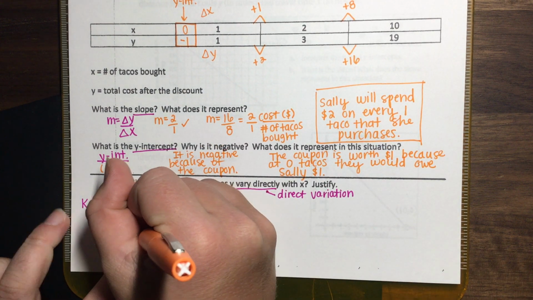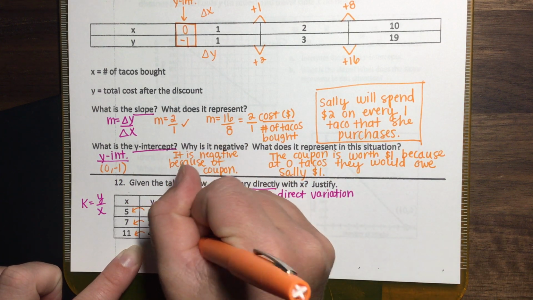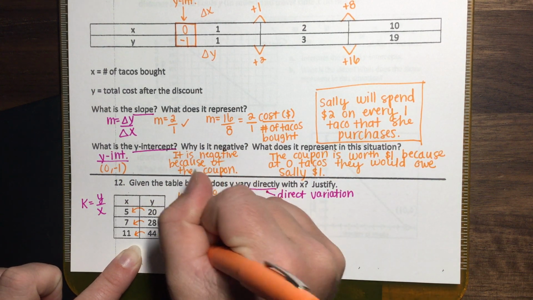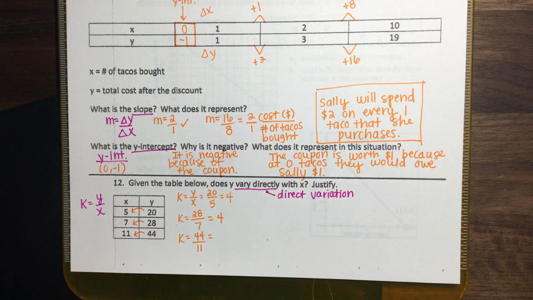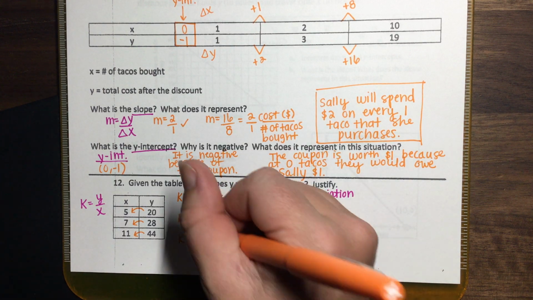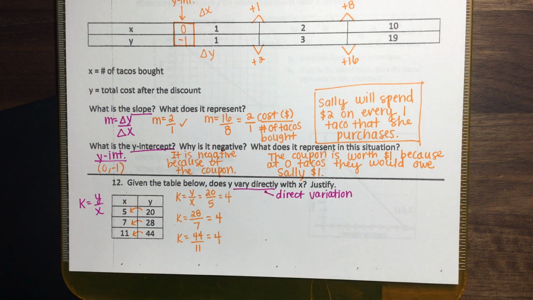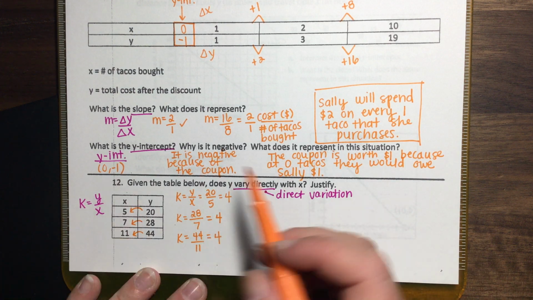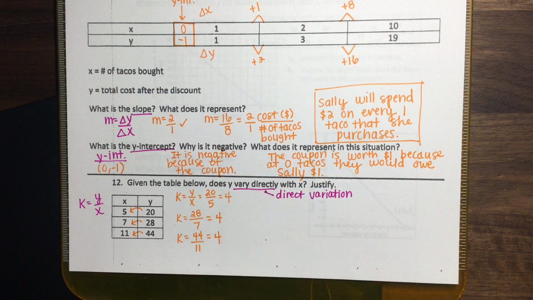Then I've got 44 divided by 11, which also gives me 4. So I see that my constant is equal to 4 every time.